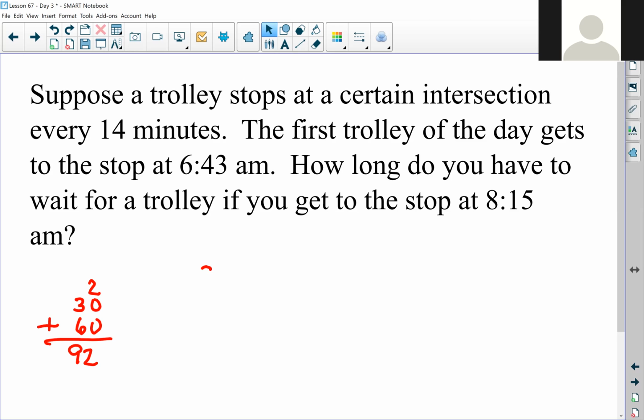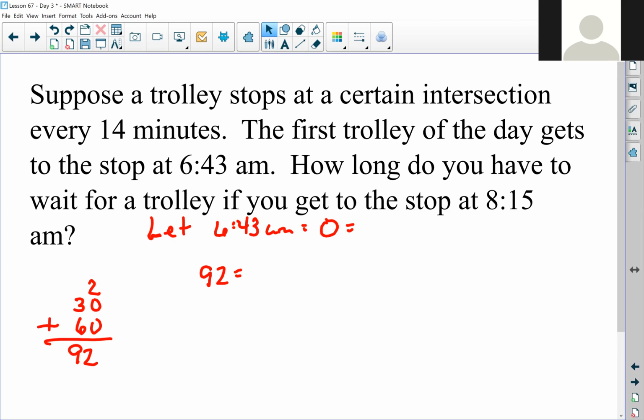So I know this is every 14 minutes. So we're adding 14 minutes every time. So we're going to let 6:43 a.m. equal 0.